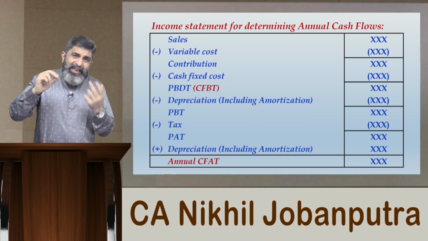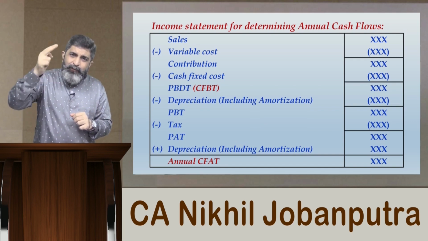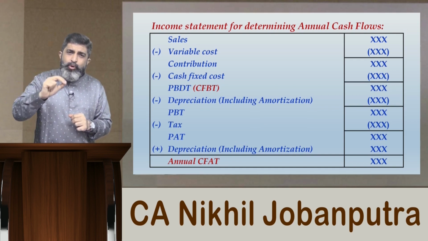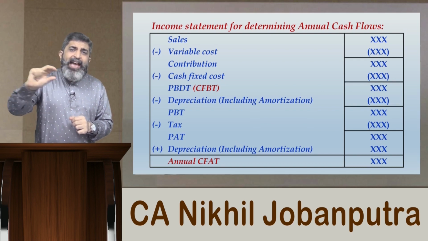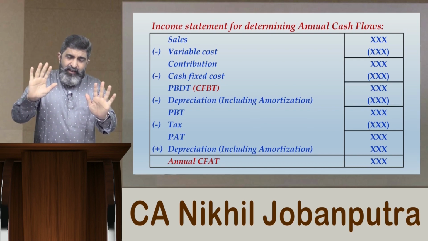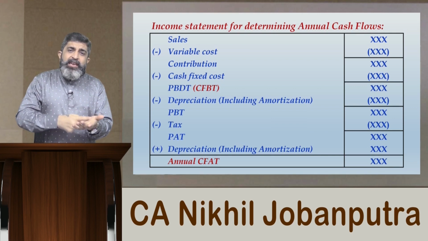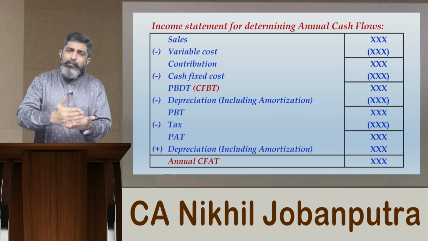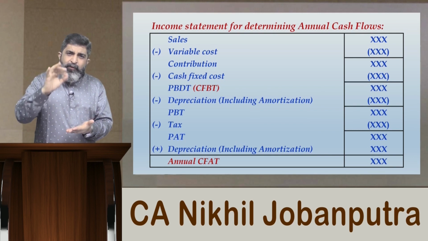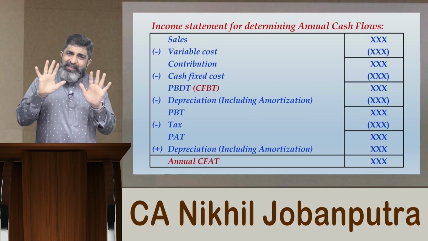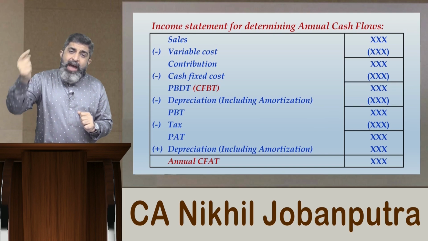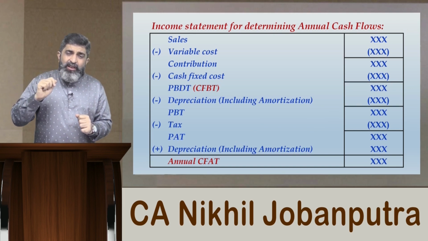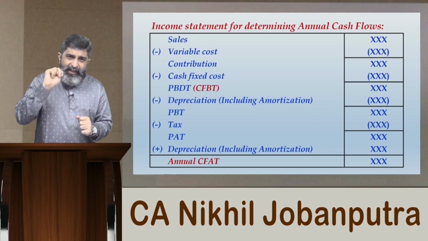So from 20 lakhs of contribution, I will first subtract the amount of cash fixed cost, which is 10 lakhs. So I get PBDT, that is profit before depreciation and tax. So profit before depreciation and tax will be 10 lakhs. Now I will subtract depreciation. Amount of depreciation is 2 lakhs.